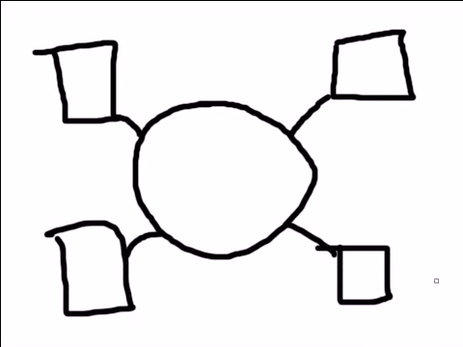So whenever a computer wants to transmit data to another computer, say this computer wants to transmit data to here, you can either go this way or this way. And as you can see, there are no terminators in this. That's one of the main reasons it's different than bus topology.